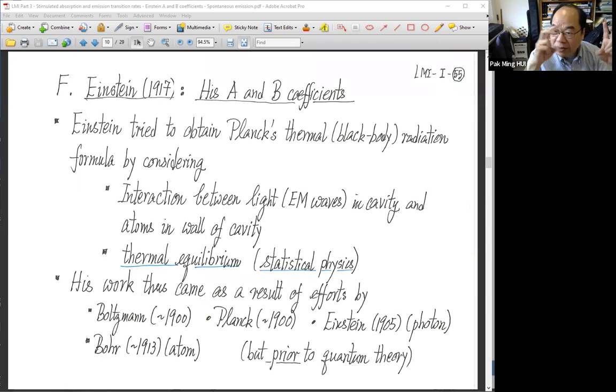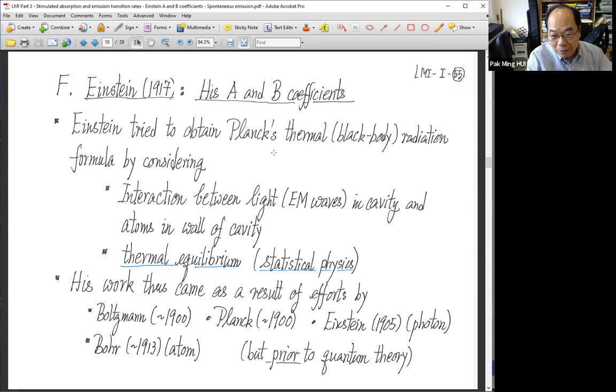And therefore, we have something called the Bose-Einstein distribution in statistical physics. So this blackbody radiation formula problem is a very challenging one, of course, that attracted all the big names.